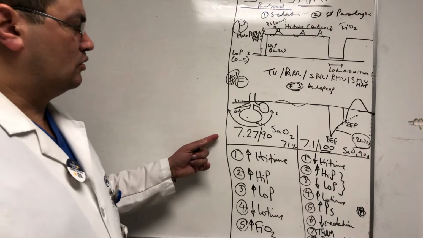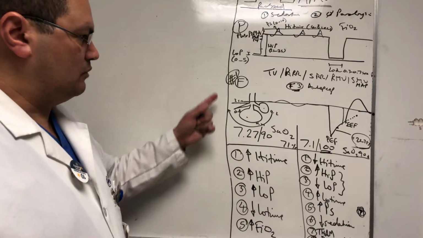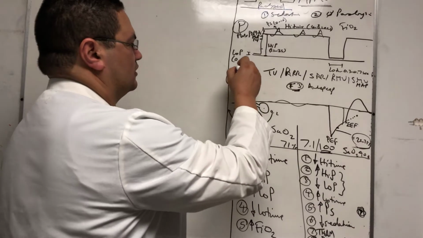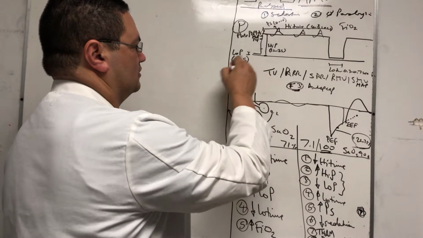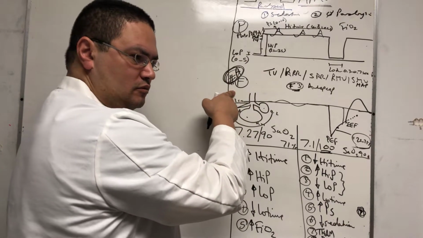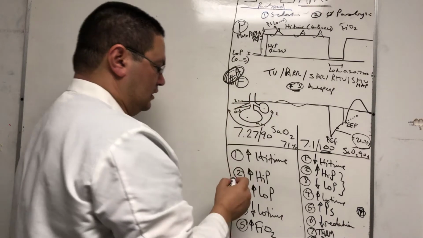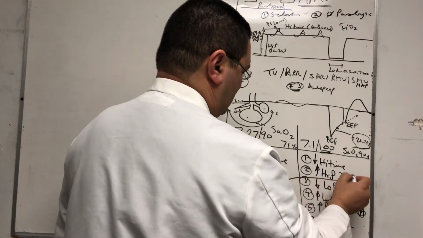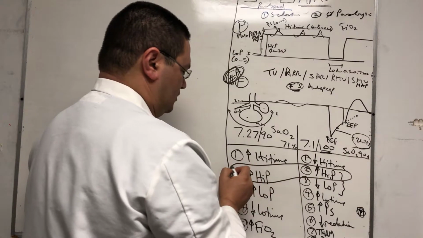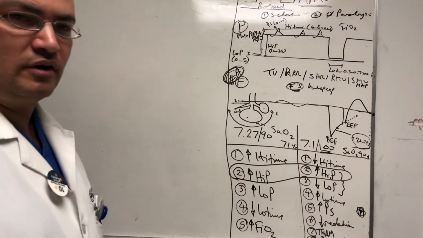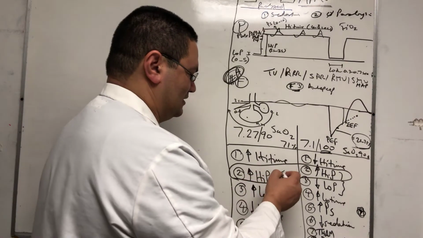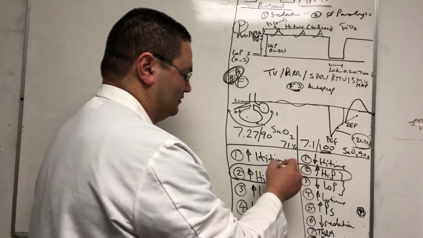Drop and drag. By the way, remember I told you the most important thing that you need to learn in this is the flow waveform, right? If you forgot everything and you went to Niagara Falls or something, this is the second thing that you need to learn.